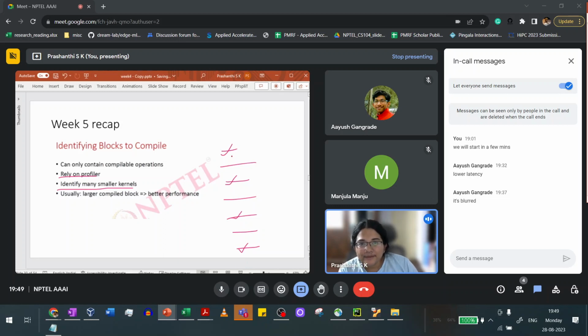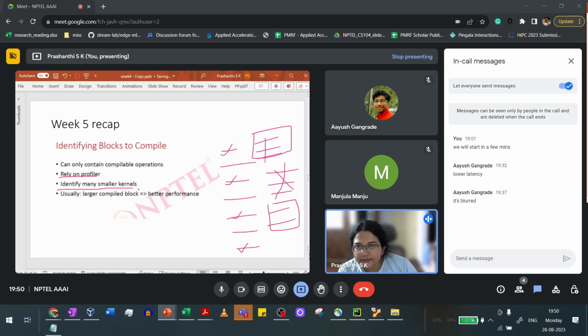I identify that all of these are XLA compilable by whatever means, and then I add tf.function with jit_compile equal to true. But this wouldn't be as good as, say, 3 that I can directly compile as one block, then 3 that I cannot compile at all, and again 2 that I can compile.